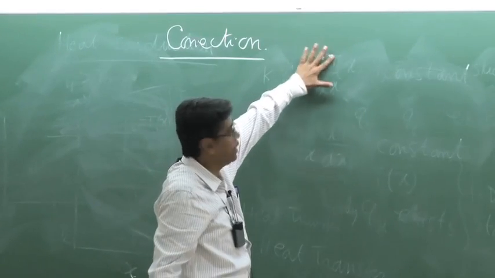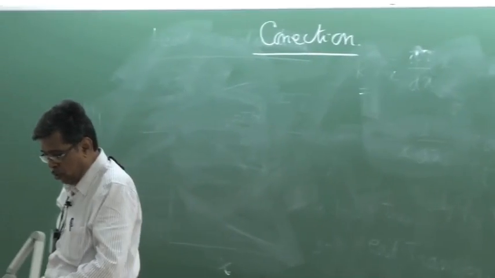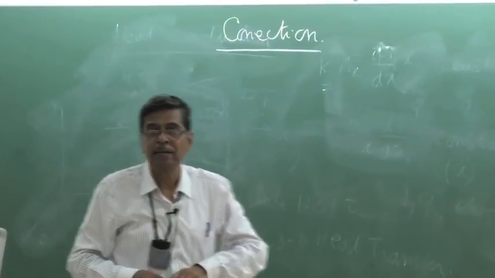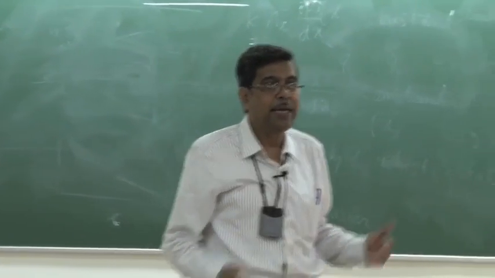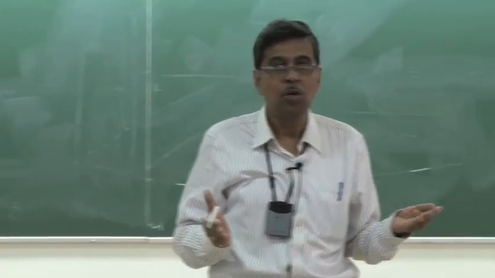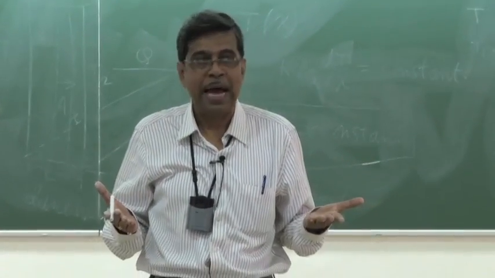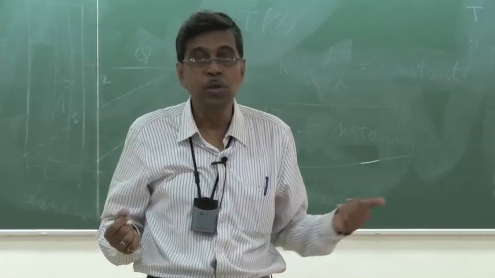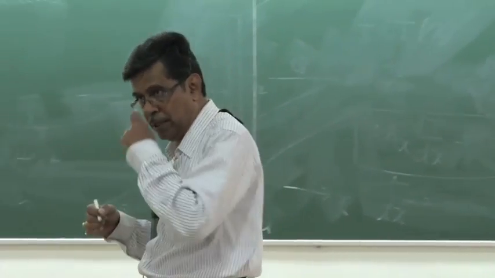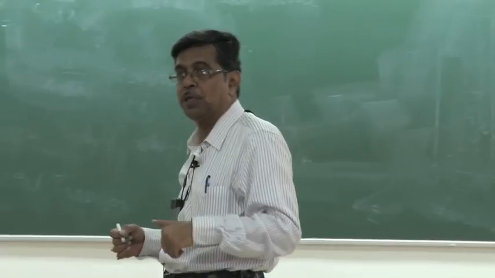Now, by convection heat transfer, we refer to that mode where usually heat is transferred from a solid surface to a fluid adjacent to the surface which is in motion. Heat may go from the solid surface to the fluid, or heat may come from the fluid to the solid surface.